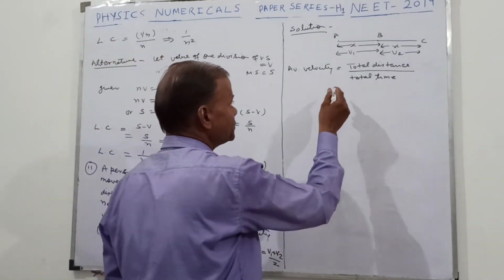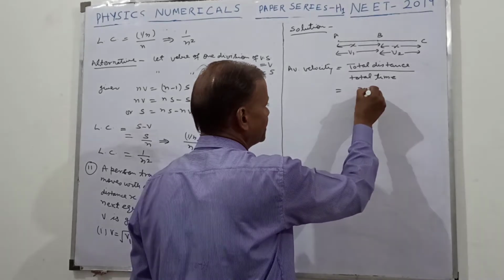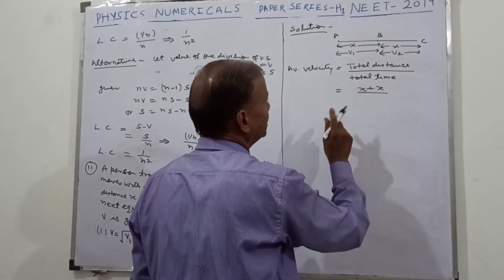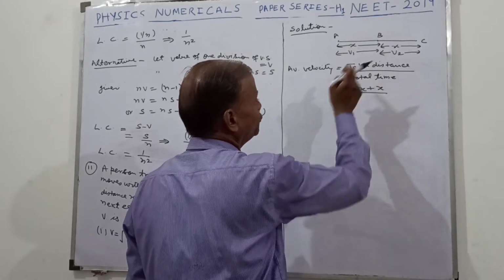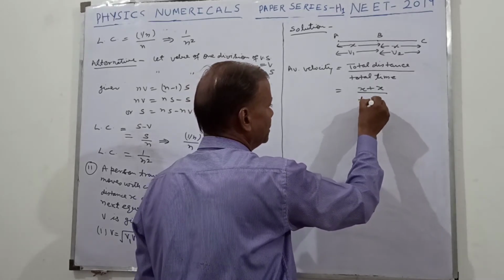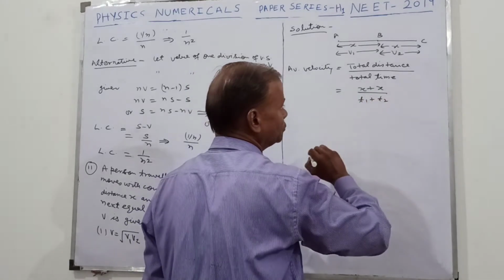So total distance is x plus x, upon the total time. Suppose from A to B the time is t1 and from B to C the time is t2.